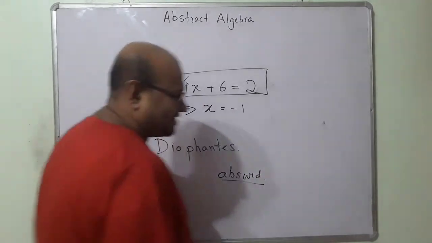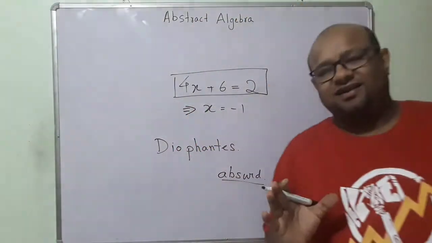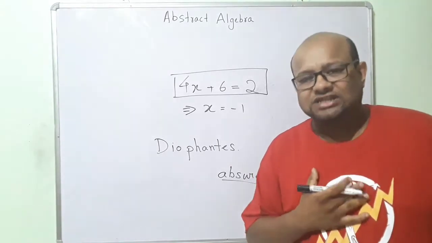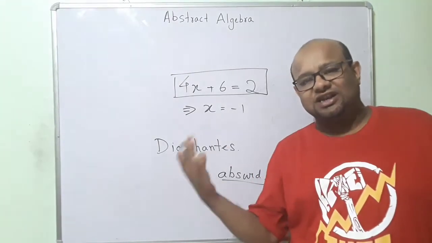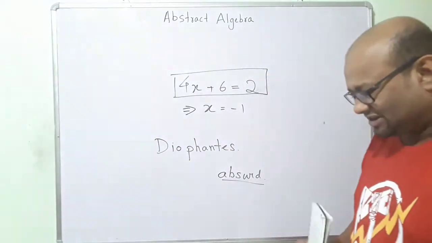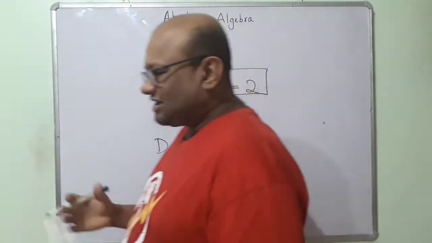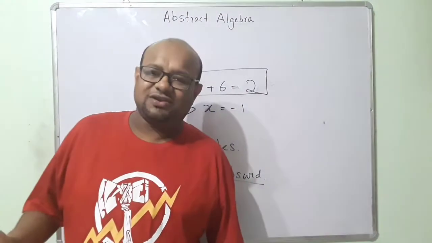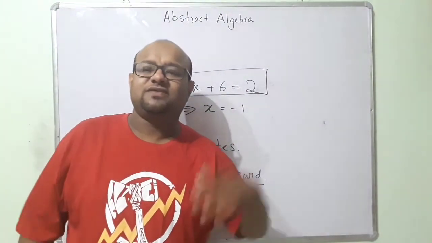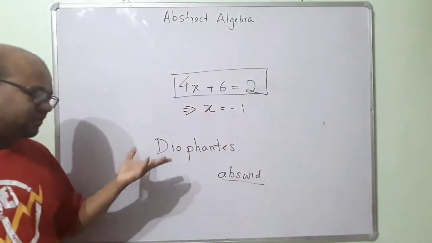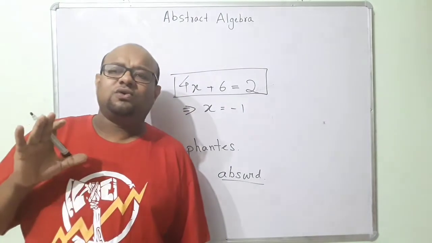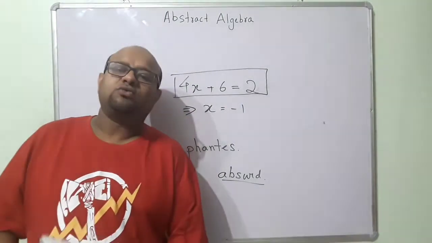The fact is that back then numbers hadn't been used like this. Several thousand years back, numbers were used to count things. This is back in Greek civilization, and Diophantus was a philosopher in Greece. Numbers were used to count things.